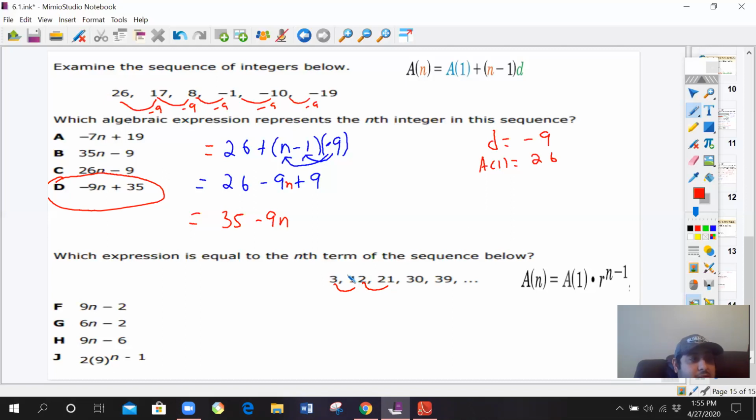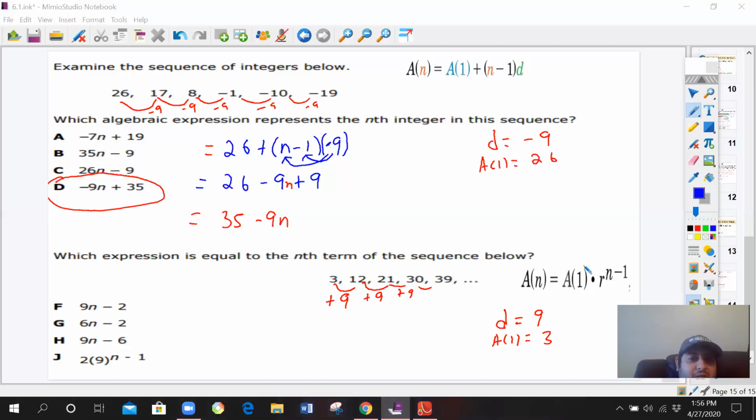They're going by 9s. From here they're adding 9, and they're adding 9. So in this case, they're adding 9s. So your difference is 9. Your A1, your first initial value, is 3.